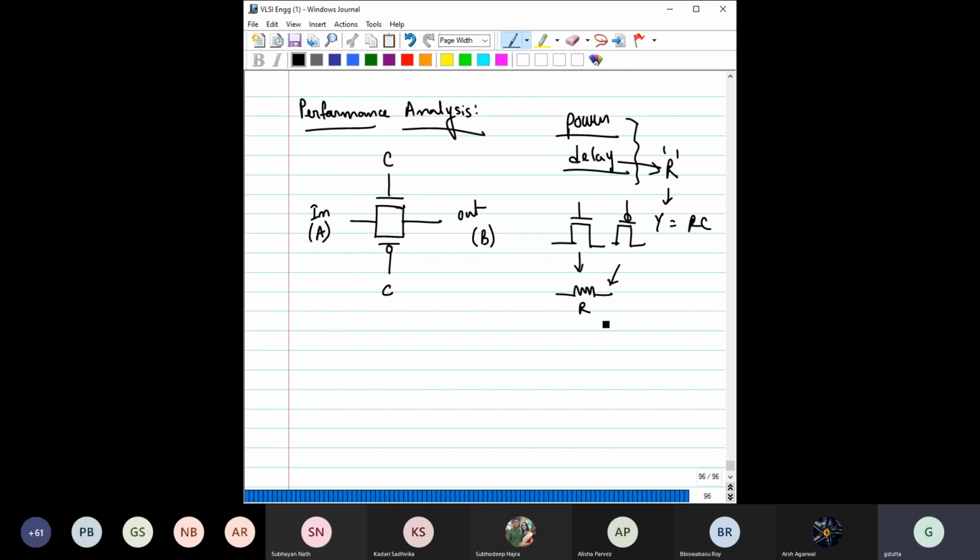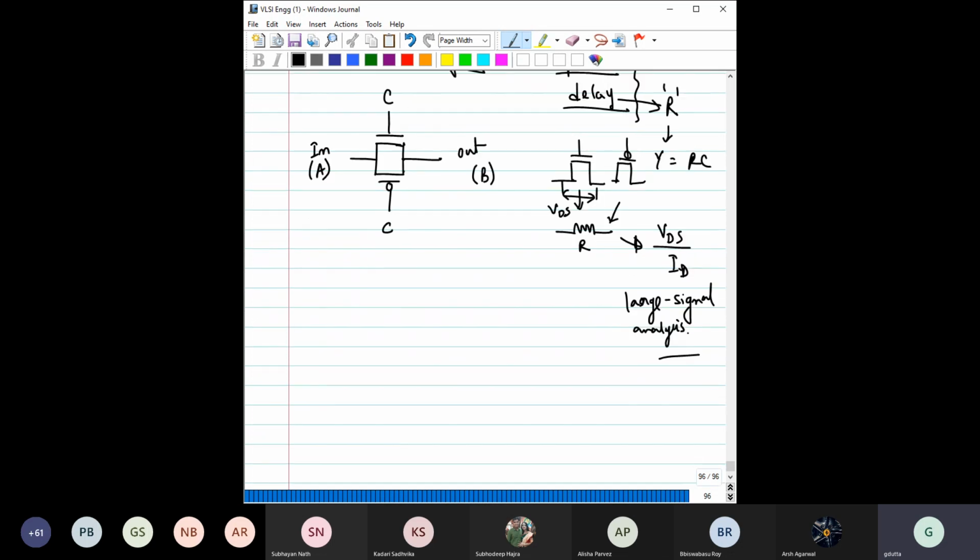And how do you find the resistance? It is easy. First find the voltage VDS, and then divide it by the current that is flowing. So it is basically the large signal resistance. This is how you can find it.